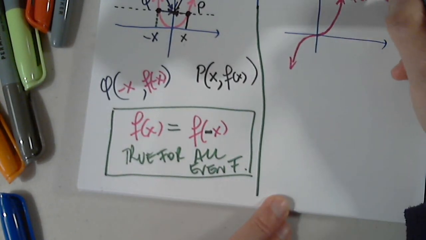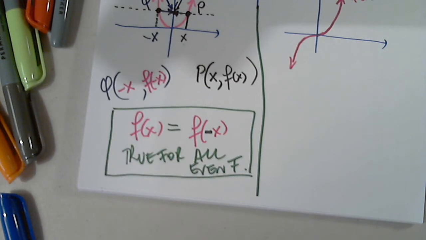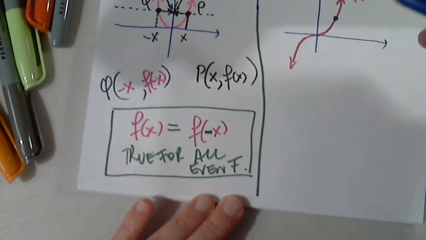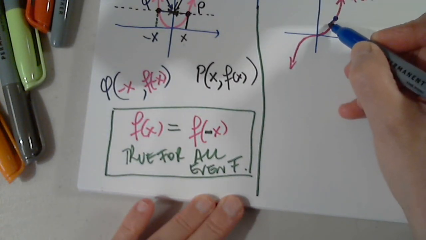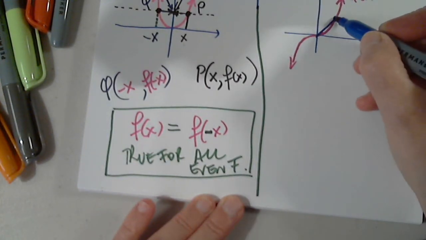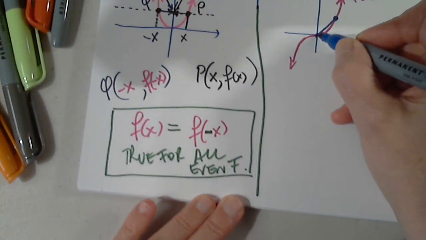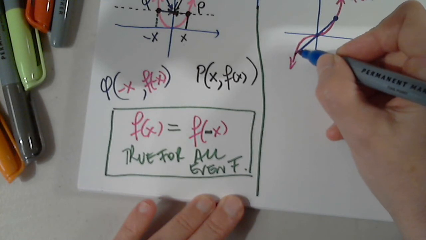So this is another function, f of x. This time I will not draw a horizontal line. This time I will draw a line that connects a point on the graph in the first quadrant, a line segment through the origin. Draw a line that goes through the origin and continues till it hits the graph again.